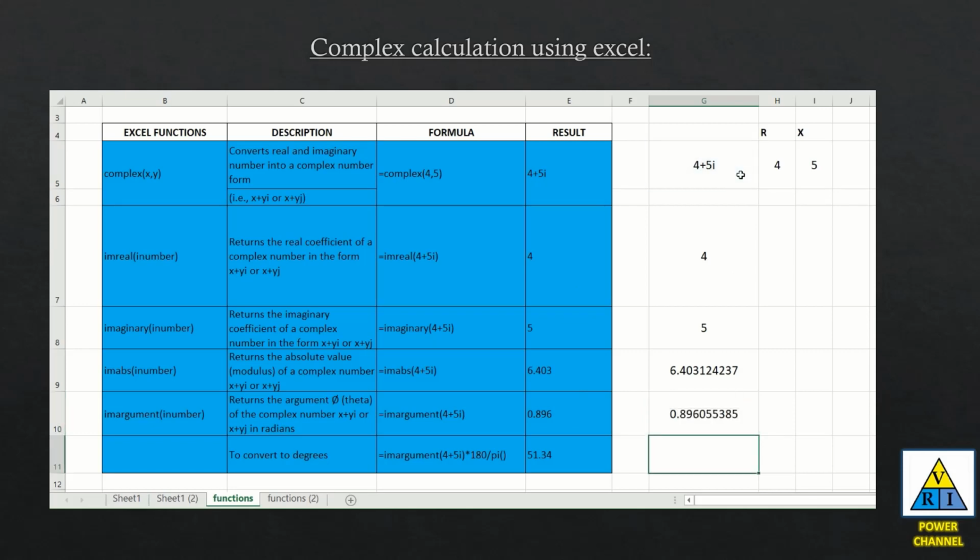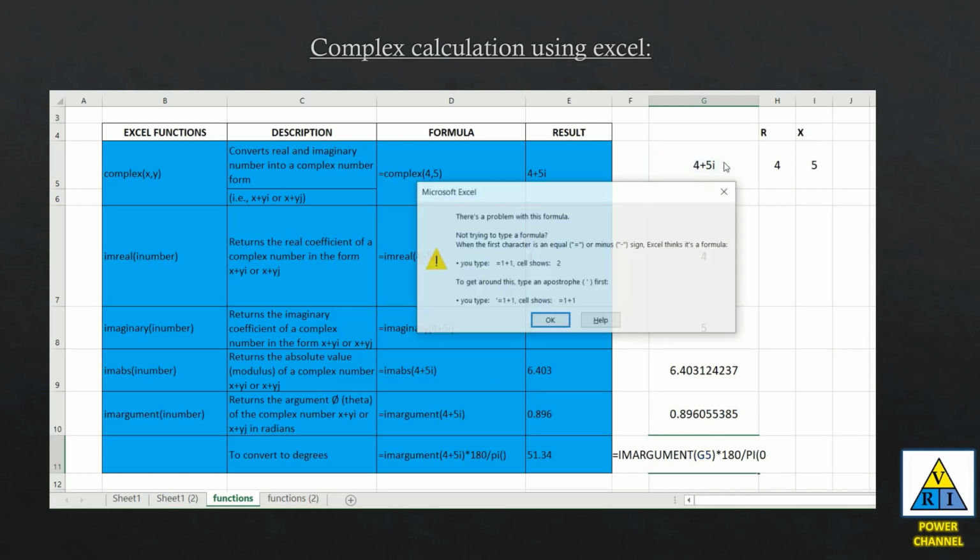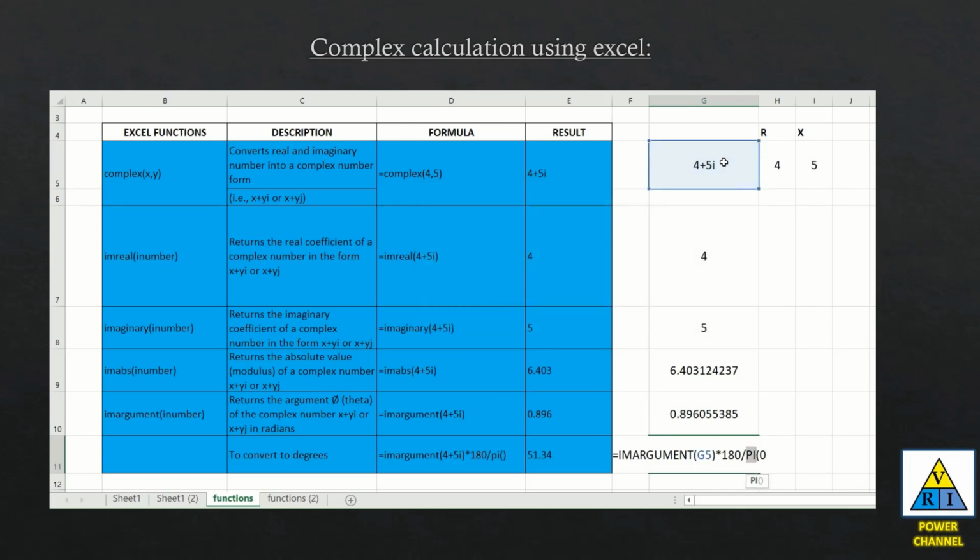So IMARGUMENT of the complex number. This is in radians. If we want this in degrees, we can type IMARGUMENT of the complex number times the conversion 180 degrees divided by pi radians.